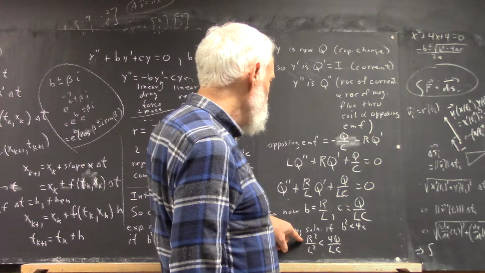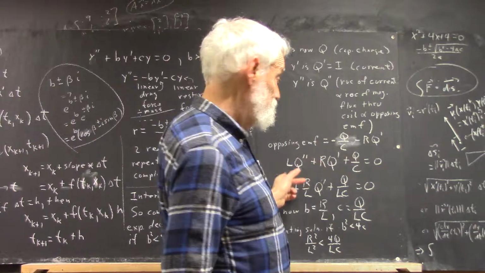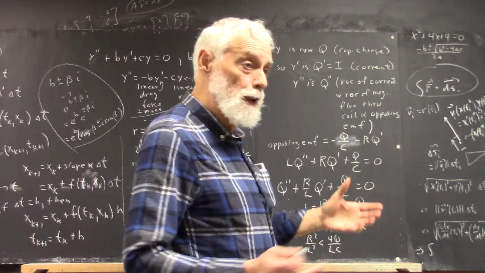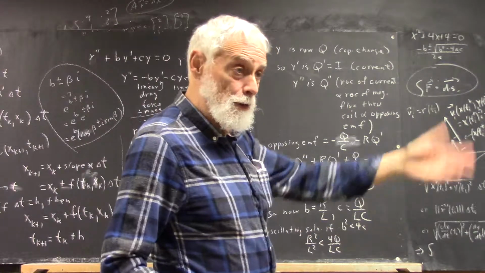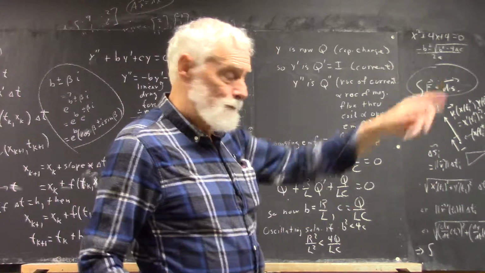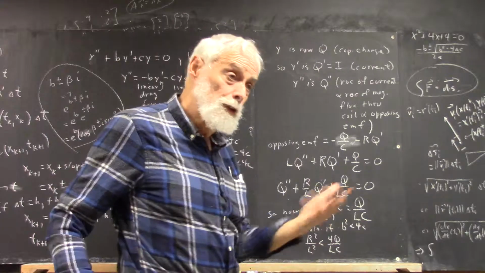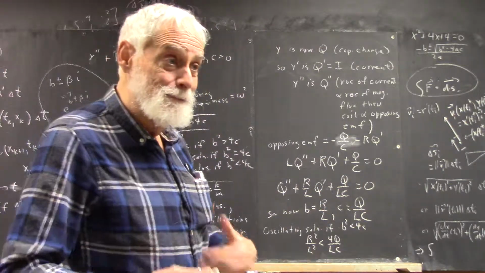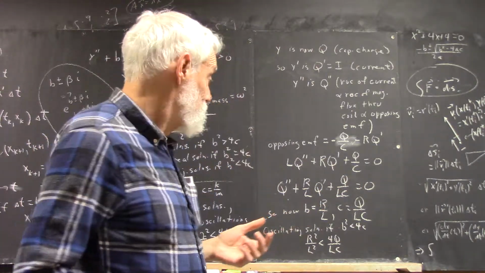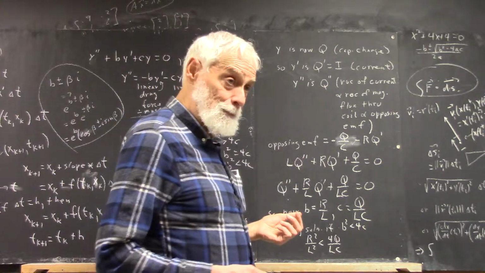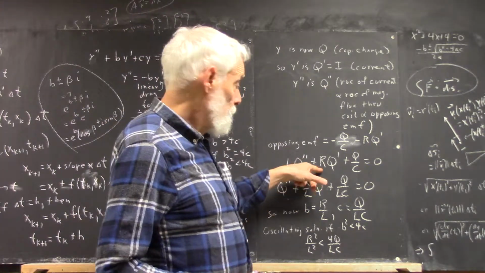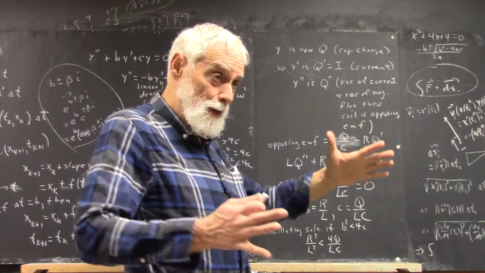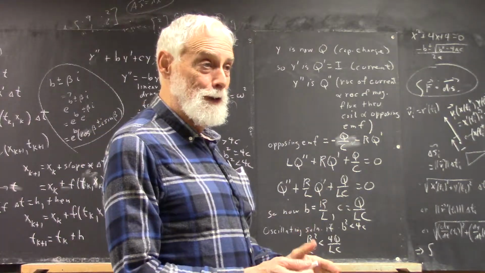So if R is really small, you just get a forever oscillating solution. A superconducting circuit can oscillate for a long, long time. Now, if you have a little bit of this R word in there, then the oscillations gradually decrease, right?